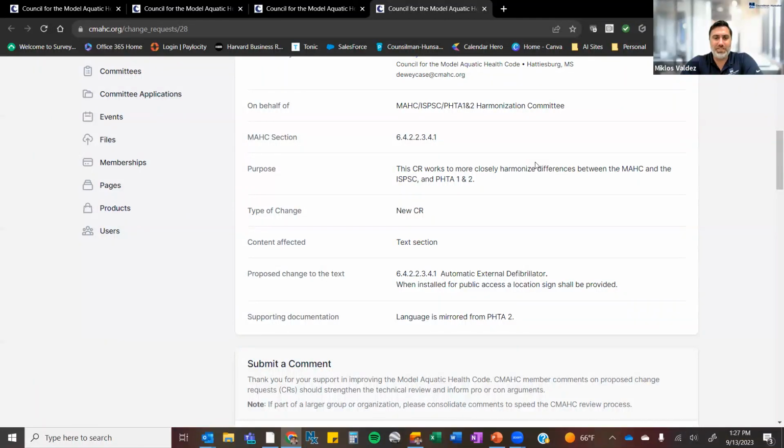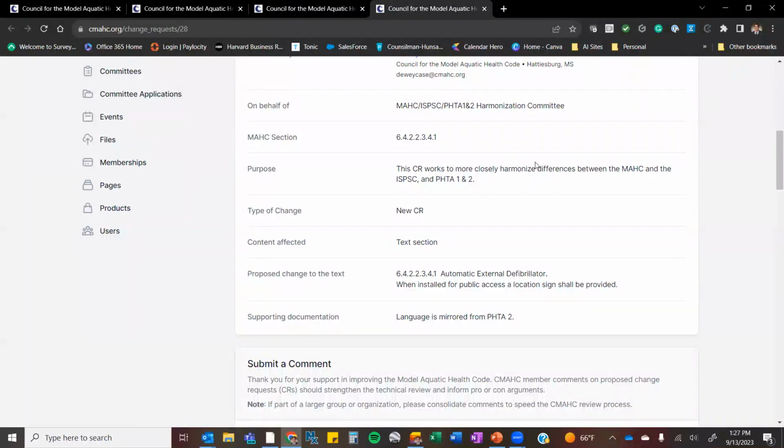Dewey's pretty tough. Do you think he'd be open to making some language changes? He's up for it. Dewey, would you be okay with making a few modifications?